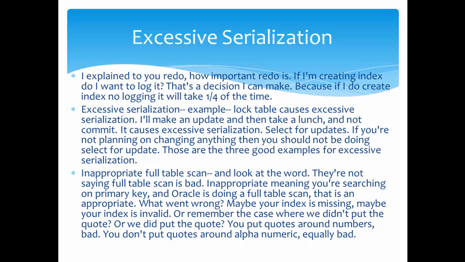Excessive serialization. I explained to you how important redo is when I'm creating an index. Do I want to log it? That's a decision I can make, because if I create the index with no logging, it takes a quarter of the time. Excessive serialization, for example a log table causes excessive serialization.